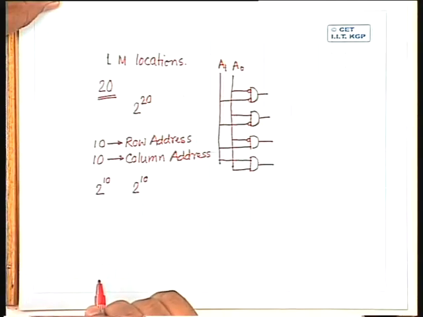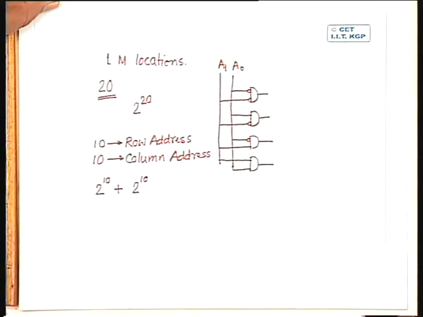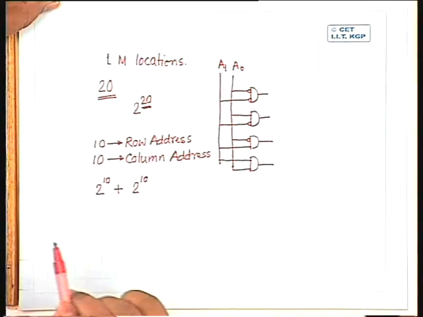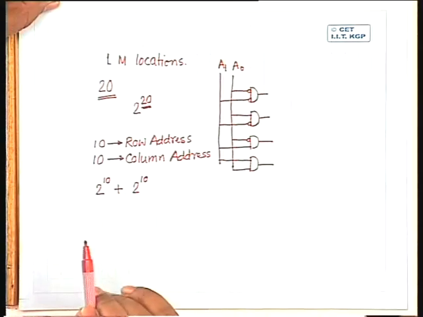So the number of AND gates that you need is 2 to the power 10 plus 2 to the power 10, that is 2 to the power 11. Whereas in the original configuration, the number of AND gates was 2 to the power 20. So the number of AND gates has been reduced to a great extent. Not only that, the fan-in of every AND gate has also been halved.